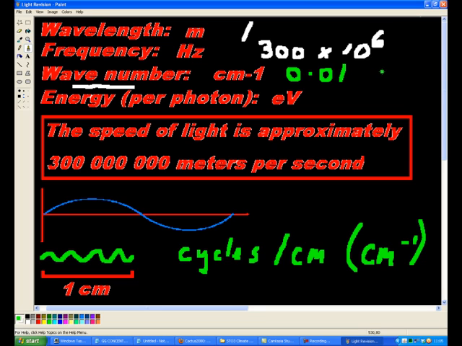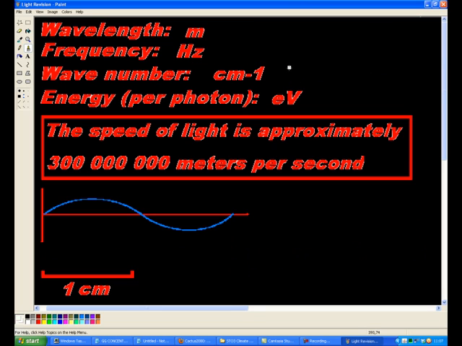Okay, let's do another example. Let's say we had a wave number of 1 cycle, or 1 wavelength, per centimeter. Well, that's quite simple. If we have 1 cycle per centimeter, then we must have a wavelength of 1 centimeter. Let's have a look at the diagram.